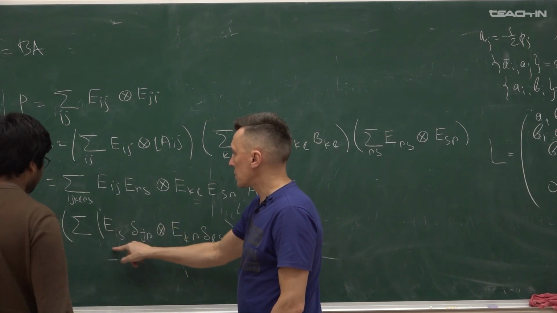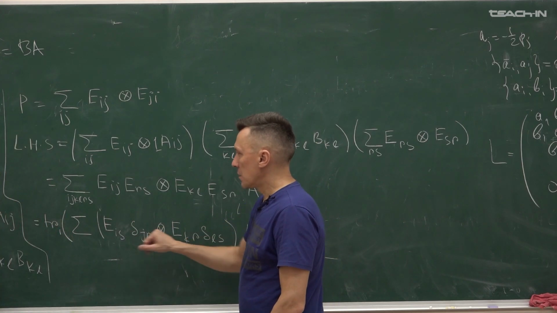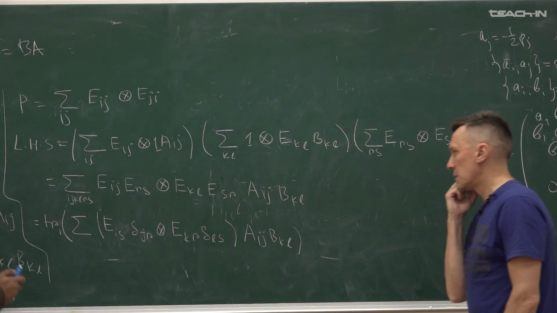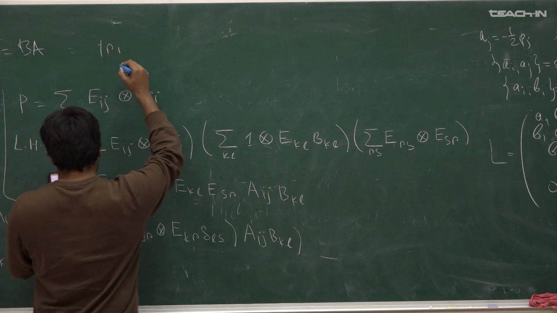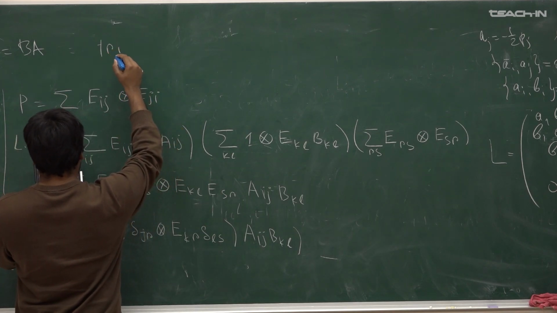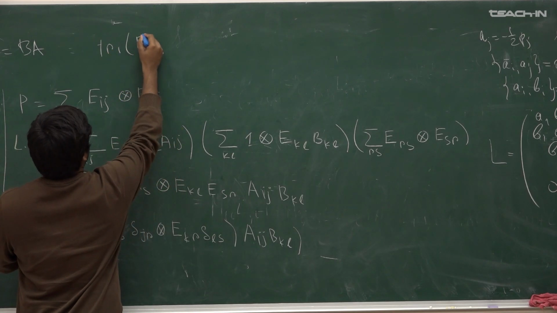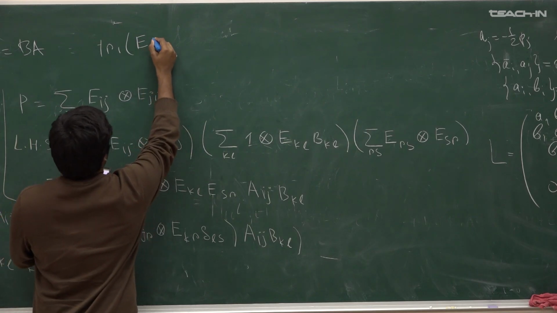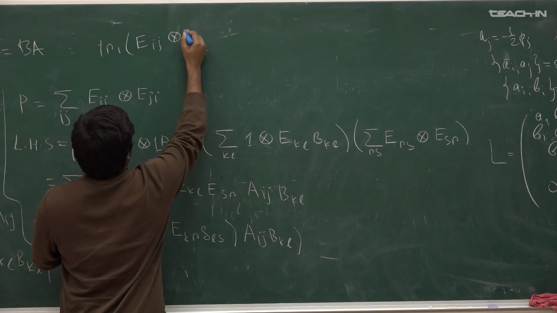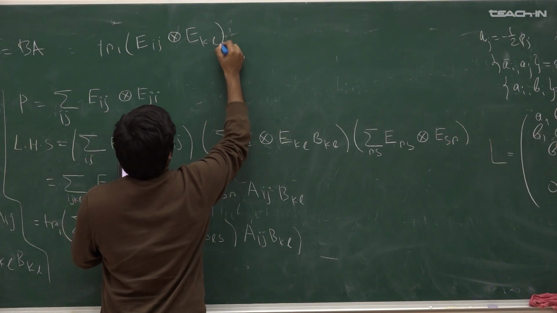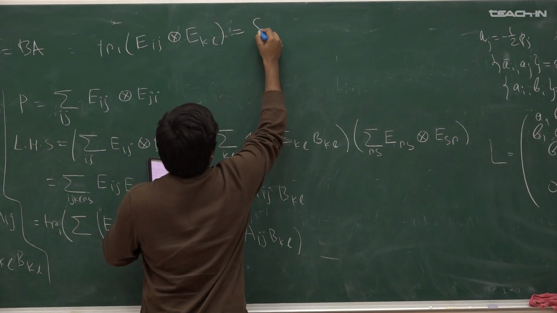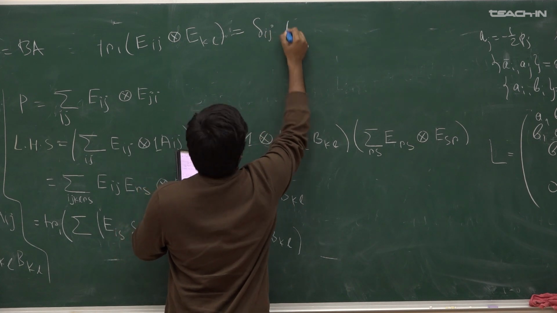So it considers only this part. And there is a formula for the trace that we know. Trace 1 of E_IJ times E_KL is equal to delta IJ E_KL.